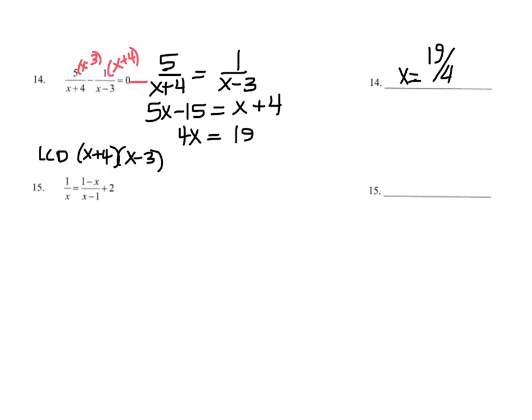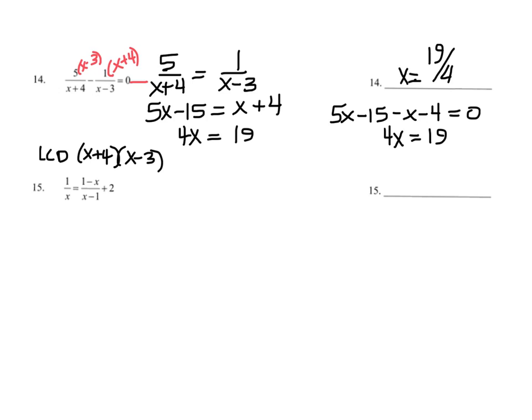So I'm going to end up with 5x minus 15. I have to distribute the negative 1 times the x, so I get negative x. Distribute the negative 1 times the 4, so I get minus 4 equals 0. I'm going to combine the x's to get 4x. I'm going to combine the 15 and the minus 4, and I'm going to add it to the other side. And again, I'm going to get x equals 19 over 4.